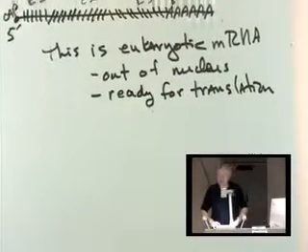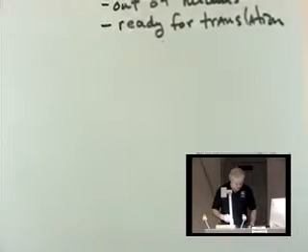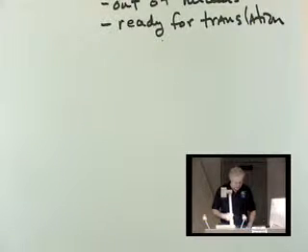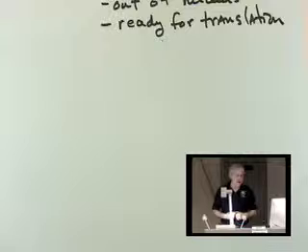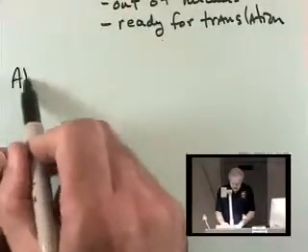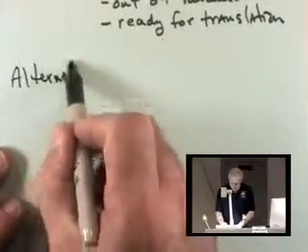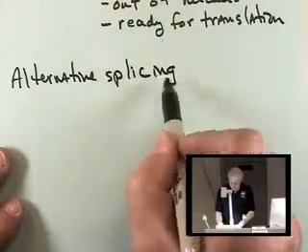Well, before talking about translation, let's think about a mechanism by which there is greater complexity and diversity of proteins than the number of genes that eukaryotes have. Therefore, it's thought that that's part of the significance of having the introns and the RNA processing. And that is called alternative splicing.